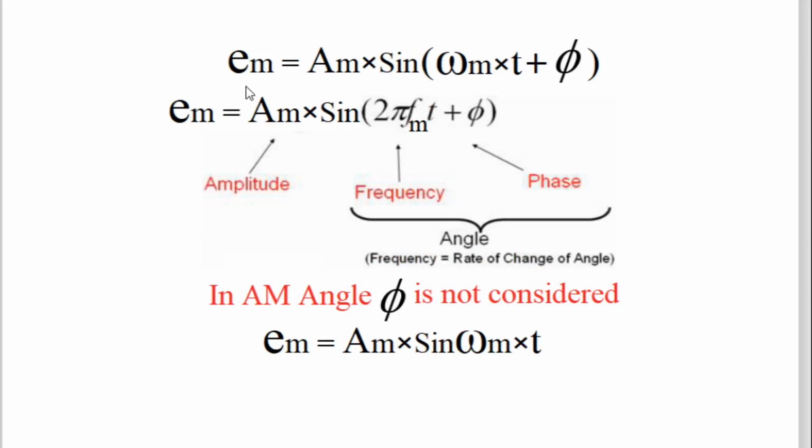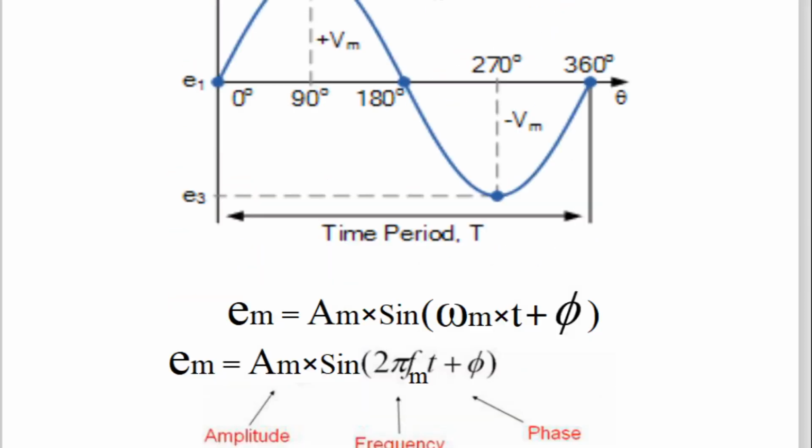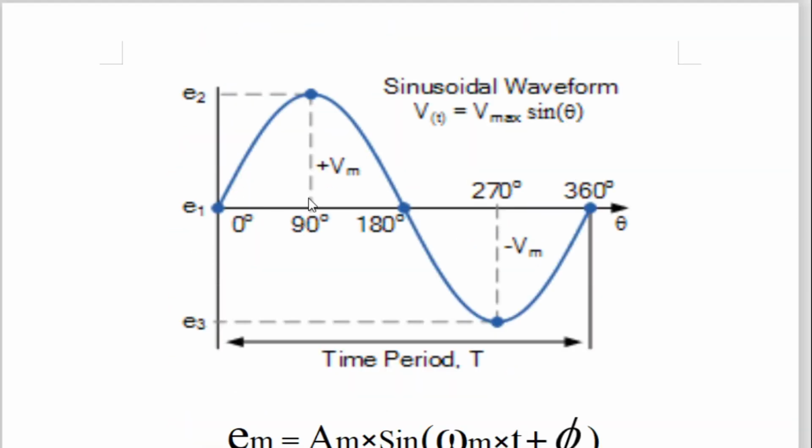Any sine wave will be represented by the equation Em. Why Em? M means modulating signal, and E means instantaneous value, because for a sine wave at every time the value of voltage is different.